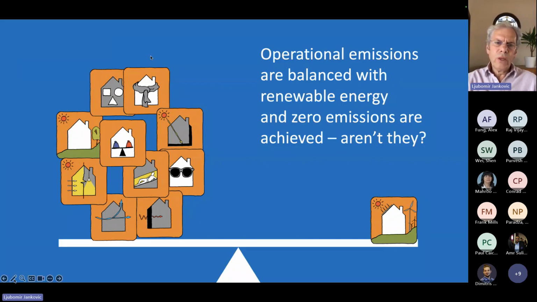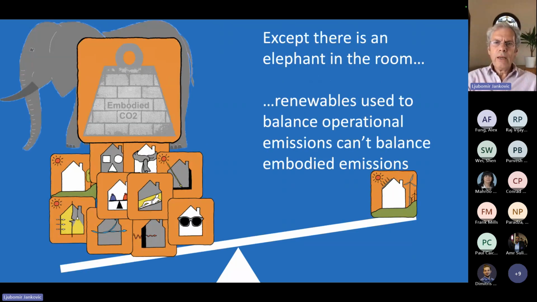So if we put operational emissions on one side of the scale, represented conceptually in this way, and we put renewable energy on the other side of the scale, then operational emissions are balanced with renewable energy and zero emissions are achieved, aren't they? So we can all go home and this talk would have been very, very short. Except there's an elephant in the room.